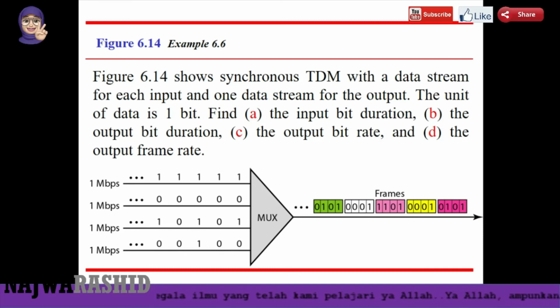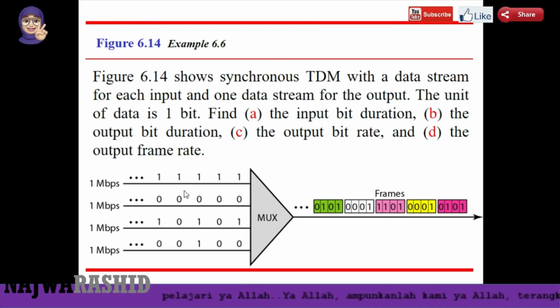The unit of the data is 1 bit. You need to find the input bit duration, the output bit duration, the output bit rate, as well as the output frame rate.